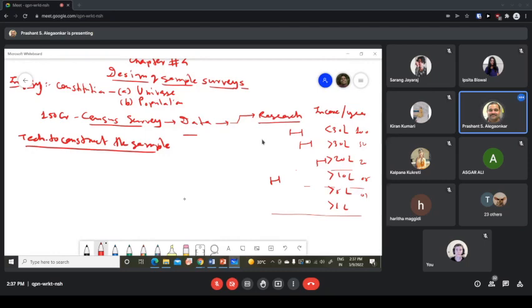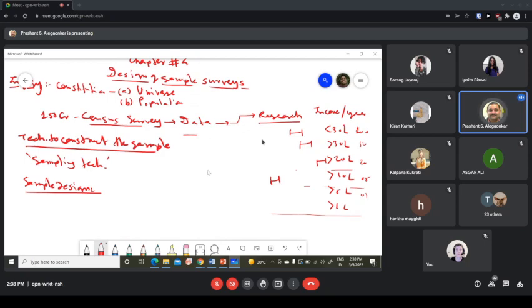Such a technique to cast or frame the problem, to compile the problem, is called a sampling technique. So it means that sample design is one of the very important aspects of any research.